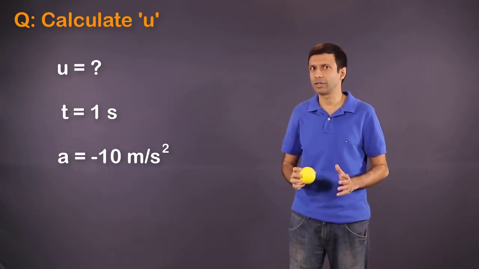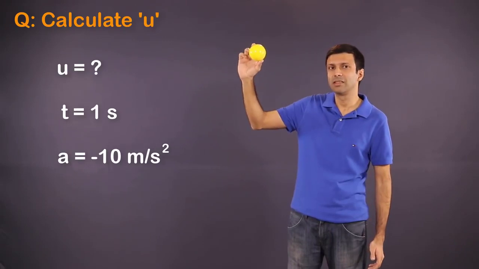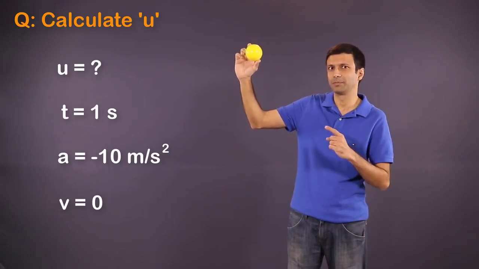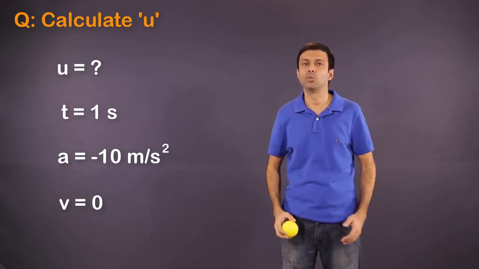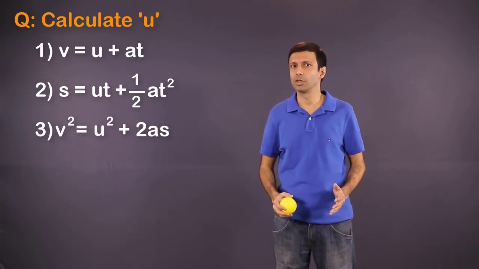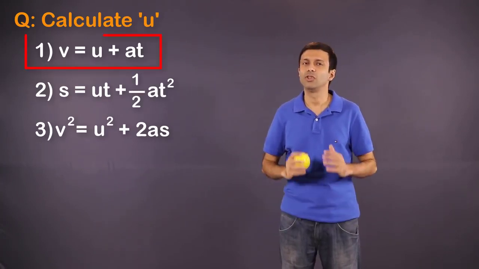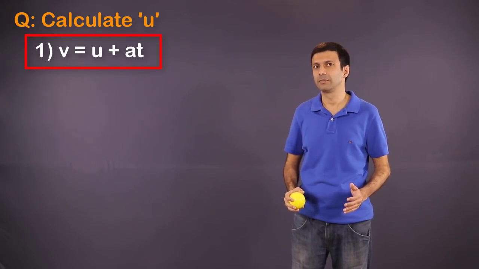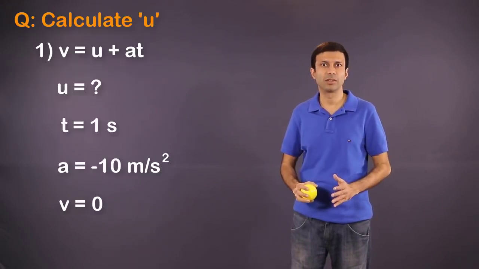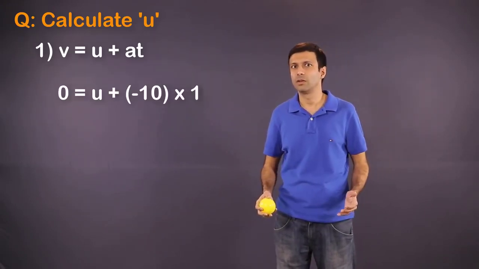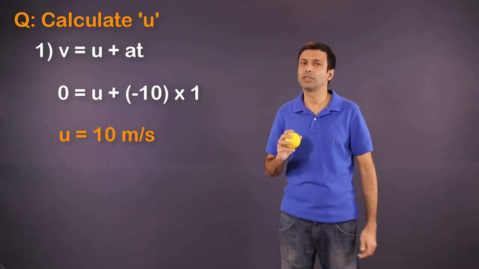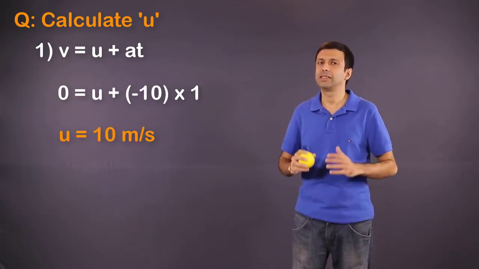And what's the final velocity? v is 0 at the top. So we can use the first equation of motion here, v equal to u plus at. Now substituting the values and solving the equation, we get u, which is the initial velocity, is 10 meters per second.